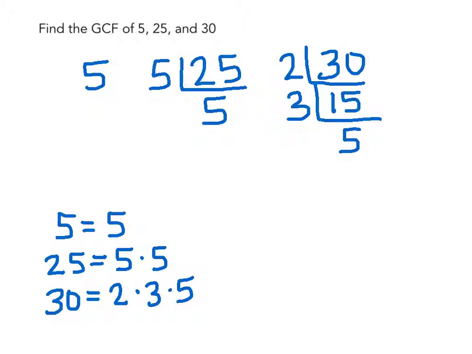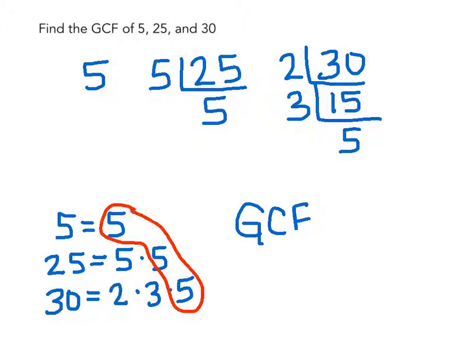Remember that the next step is to look for all of the prime factors that the numbers have in common. As I look at 5, 25, and 30, I notice that they all have a 5 in common. So I can start with that.